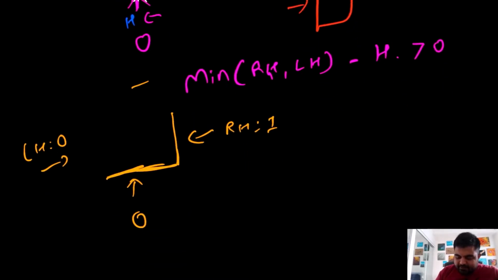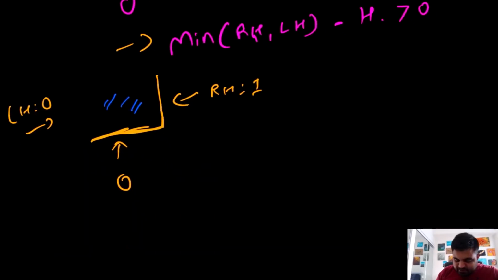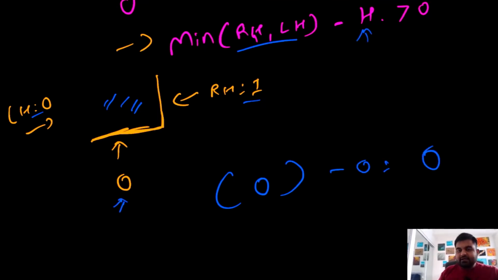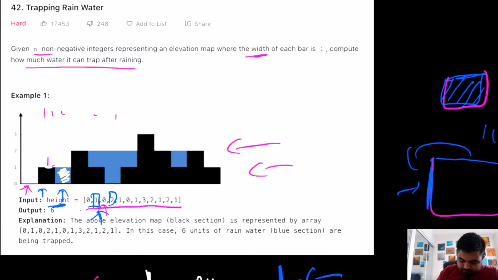If we apply this formula, the amount of water we can try to fill in this space is the minimum of these two. So the minimum of left height and right height is 0, minus the height we are currently at. The current height is also 0, which means that we can store 0 units of water at this first position, because there is no height difference.